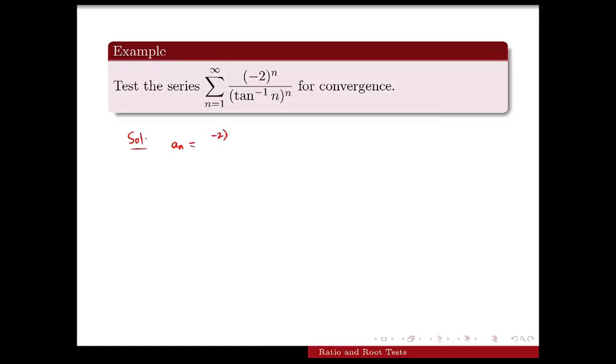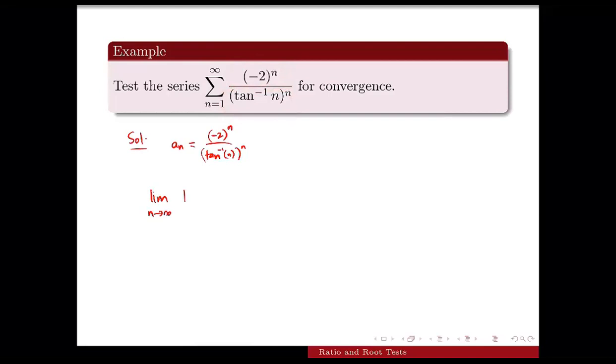This is negative 2 to the n over arctan of n raised to power n. So we want to find the limit as n approaches plus infinity. Notice this guy here has power n, this guy here has power n. Root test will be helpful.